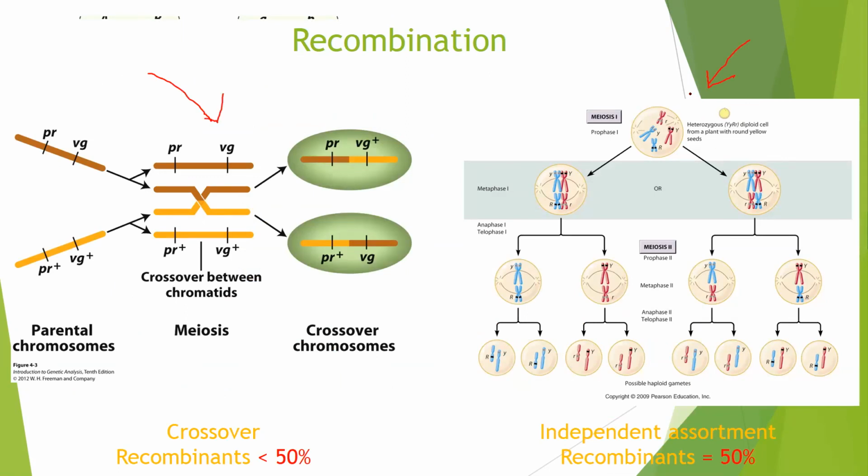This is what we learned before midterm 1. If two genes are unlinked, if they are on different chromosomes, you're going to see 50% of the progeny will be recombinants because these two genes are independent, right? However, if these two genes are linked, you're going to see less than 50% of the progeny will be recombinants.